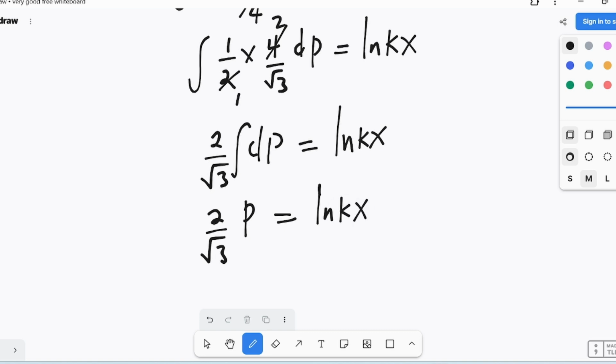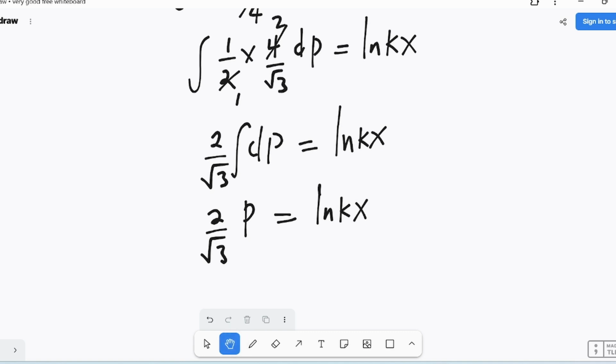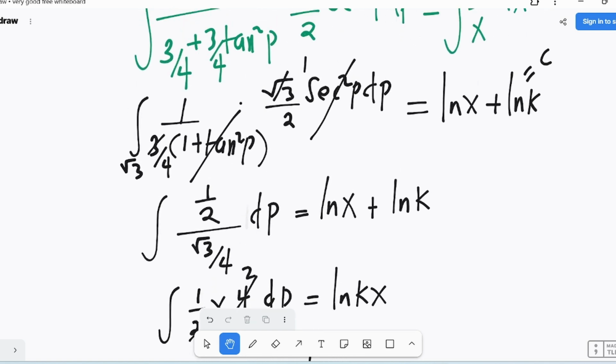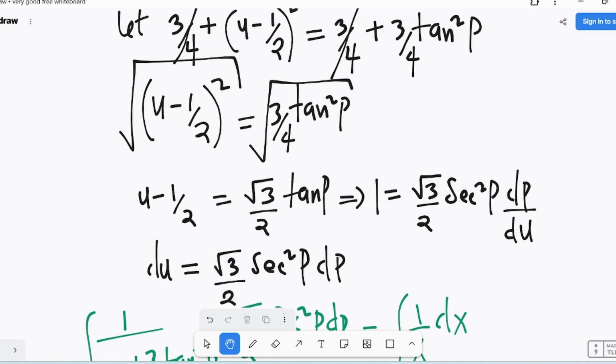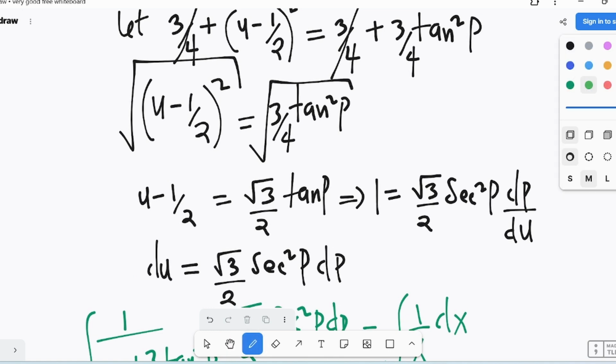Now what is our p? So you have to go back and get p. Where are we getting p from? We are getting p from here. Yeah, we are getting p from there.